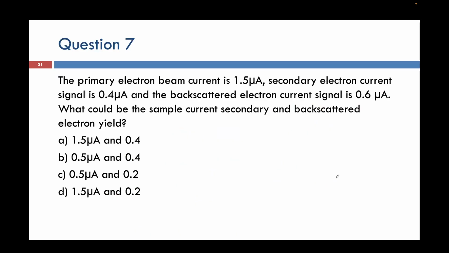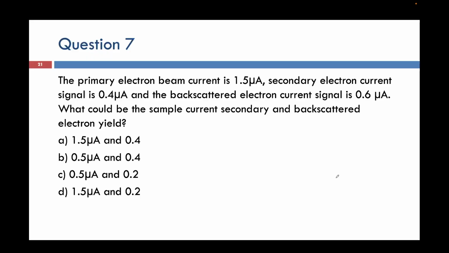The next question is, the primary electron beam current is 1.5 microampere. The secondary electron current signal is 0.4 microampere. The backscattered electron current signal is 0.6 microampere. What could be the sample current and the secondary and backscattered electron yield?